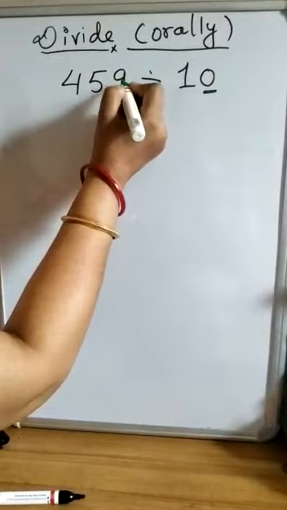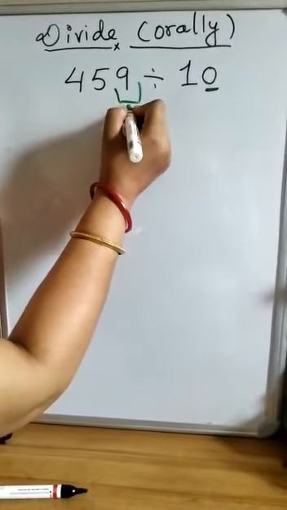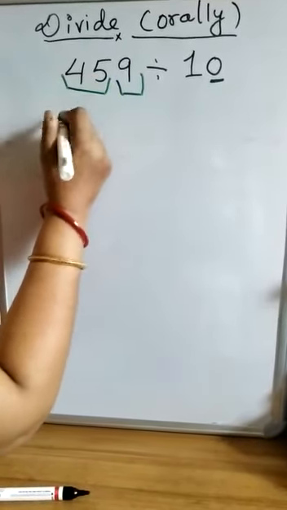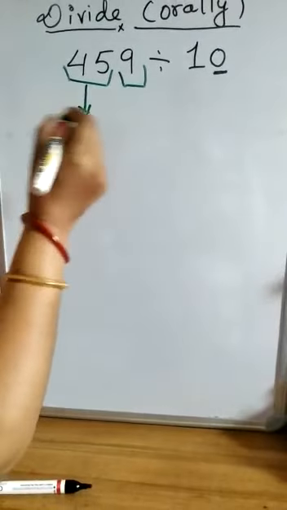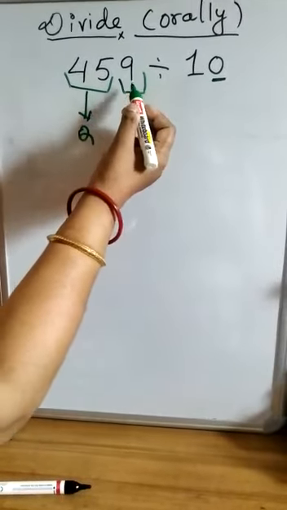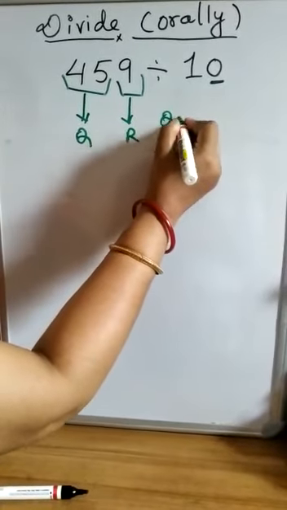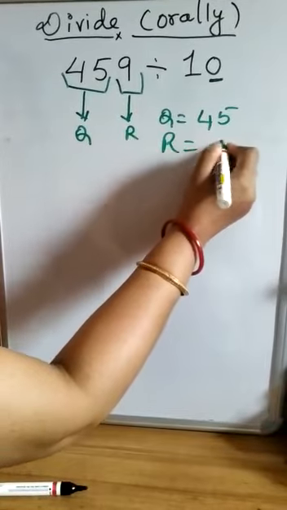So I will remove this first digit of 459 from the right. I am removing it. So 45 is the quotient, and this removed digit is considered as a remainder. So you can write orally that quotient is 45 and remainder is 9.